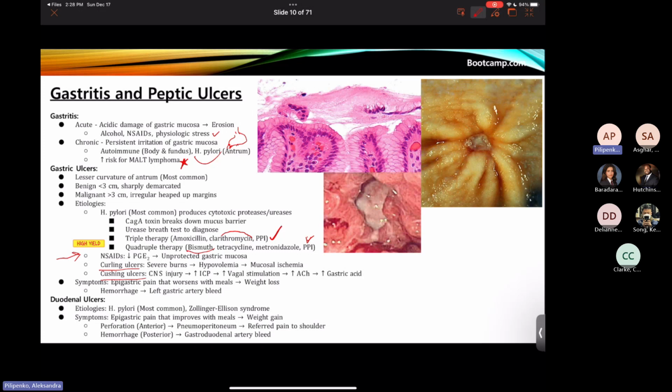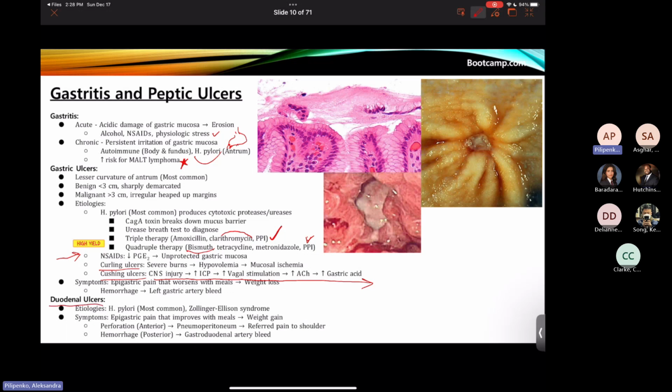And just your pathophysiology is explained over here. Another way to distinguish ulcers is whether the pain worsens with meals or subsides with meals. So that might give you a clue.